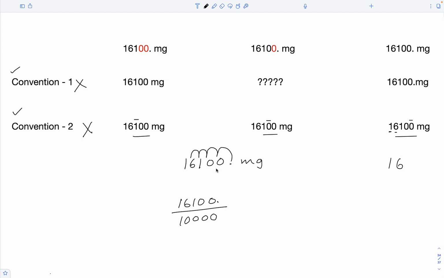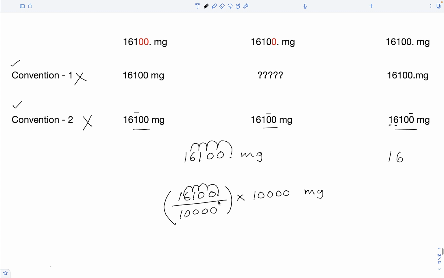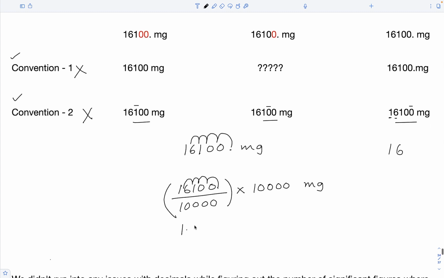Now, when you divide a number by 10,000, you have changed its magnitude. So, to keep its magnitude the same, you also have to multiply it by the same number. Now, because of this division, this decimal point moves by 4 places to the left of its current position. Then it becomes 1.6100 multiplied by 10,000.